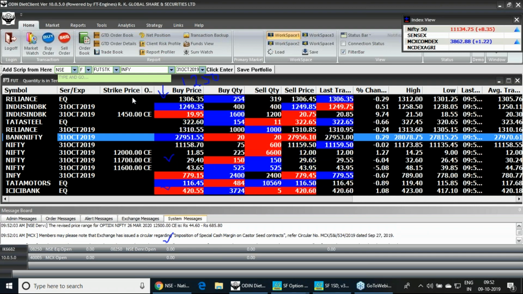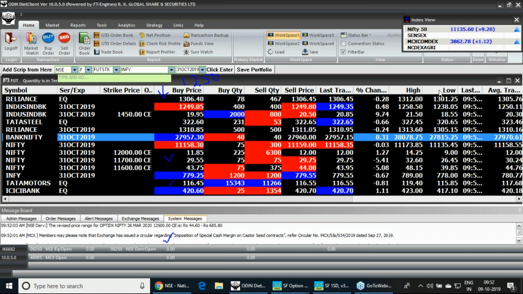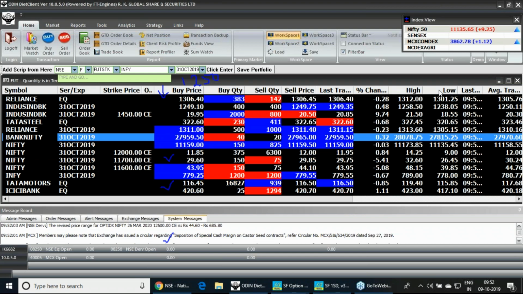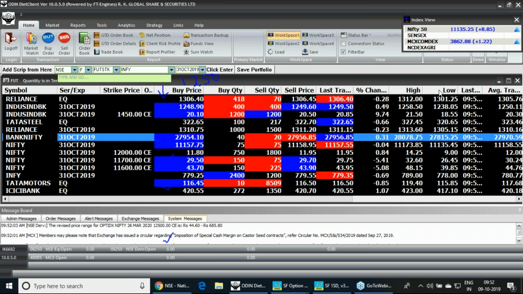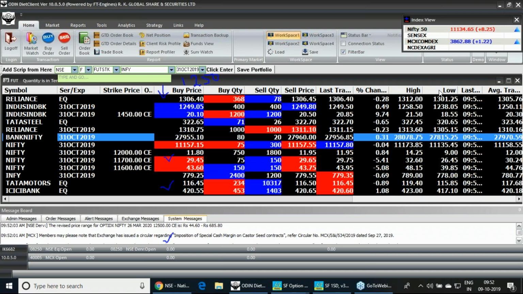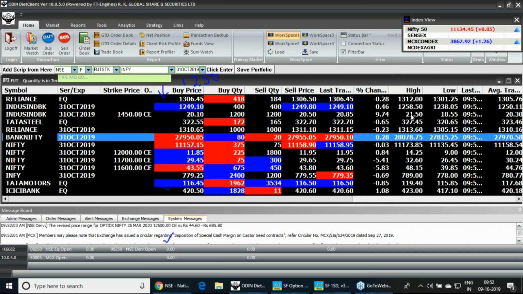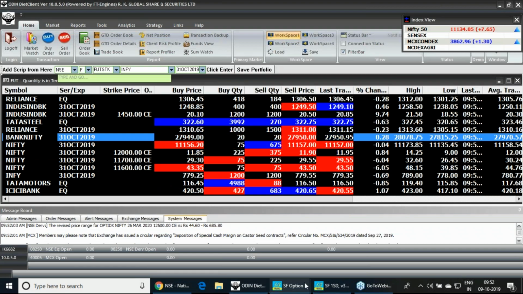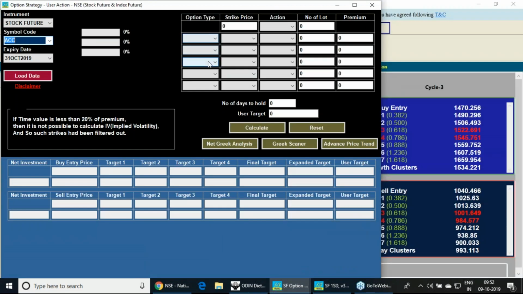The reason is it won't take care of your time decay or the IV fall. If IV falls, your strategy will be at a great loss. 2/1 ratio call spread and put spread, Sanjay ji is telling. However, IVs are very high, 60%. So now with Sanjay ji's view, I am going for a 2/1 ratio call spread and put spread.